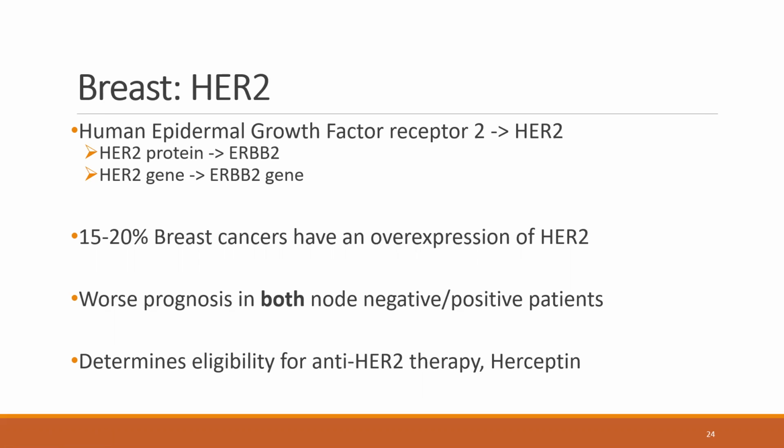There is a worse prognosis in both node negative and node positive patients if the HER2 is positive. So this determines the eligibility of the anti-HER2 therapy or Herceptin, which you've probably heard of. And in order for them to get Herceptin, the patient has to be HER2 positive, meaning that their tumor is showing an overexpression of the HER2.